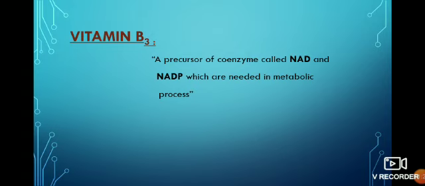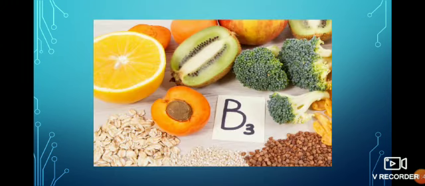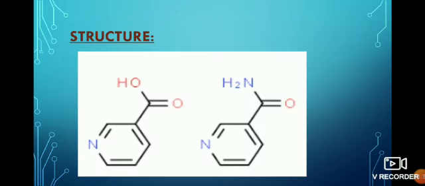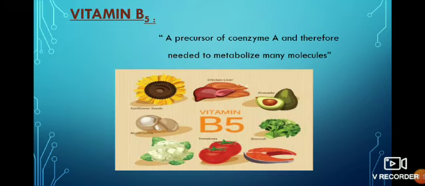Now comes vitamin B3. It is also named niacin. It's a precursor of coenzymes called NAD and NADP, which are needed in metabolic processes like carboxylation. Here are the B3 food sources and the structure of vitamin B3.